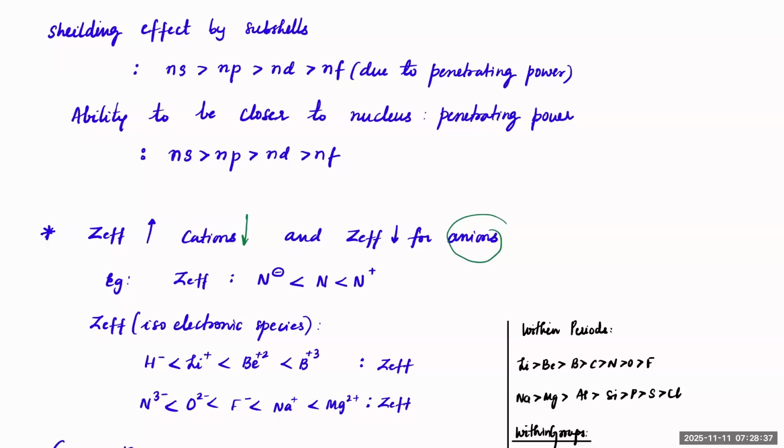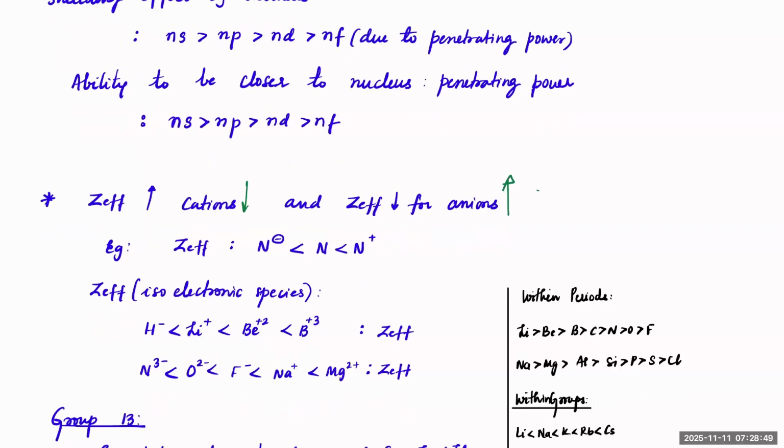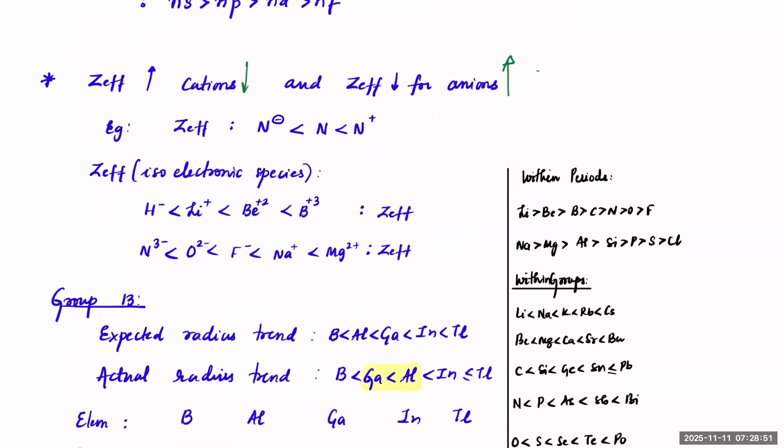If Z effective is decreasing, the anion size increases. Clear? Z effective wise, if we compare charge wise, the higher positive charge will always be smaller, compared to that of Na minus.